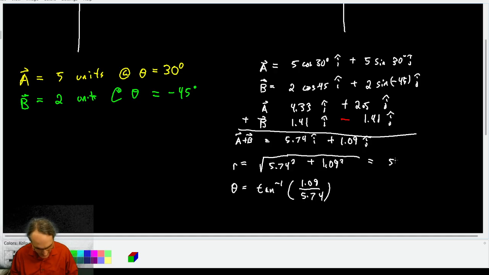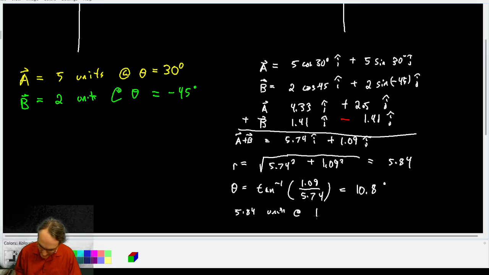Magnitude is 5.84 units. And the direction, 1.09 divided by 5.74 and inverse tan, says it would be 10.8 degrees. Okay, so we could state it: 5.84 units at 10.8 degrees is the sum of A plus B.